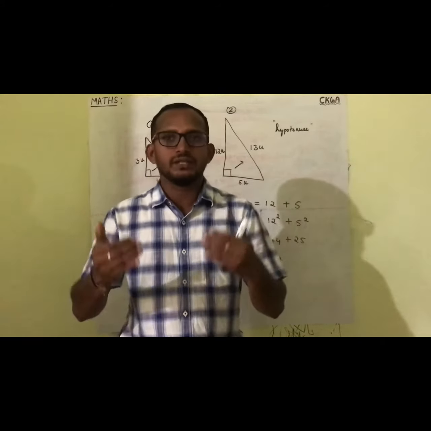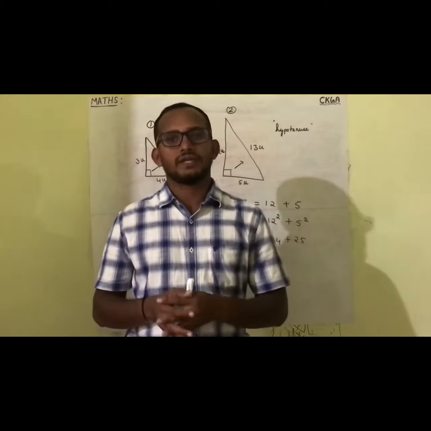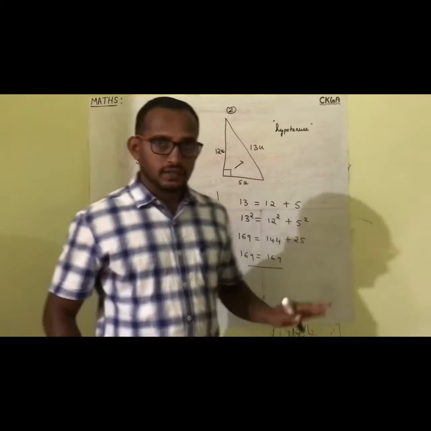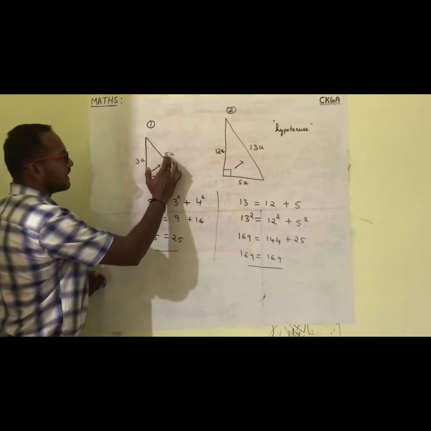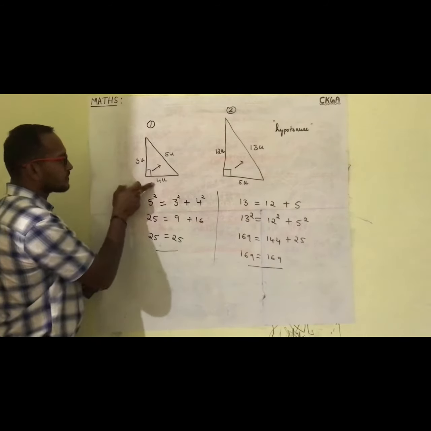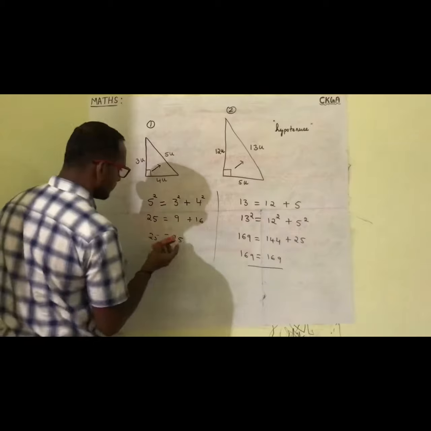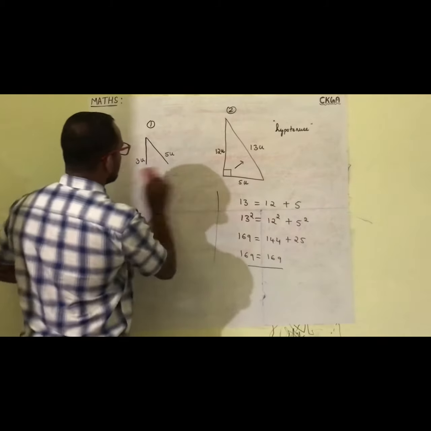What he actually tells us related to the right angle triangle. Keep this stuff in your mind, don't forget it: the longest side square is equal to the sum of the squares of the other 2 sides. So I can give a formal definition.